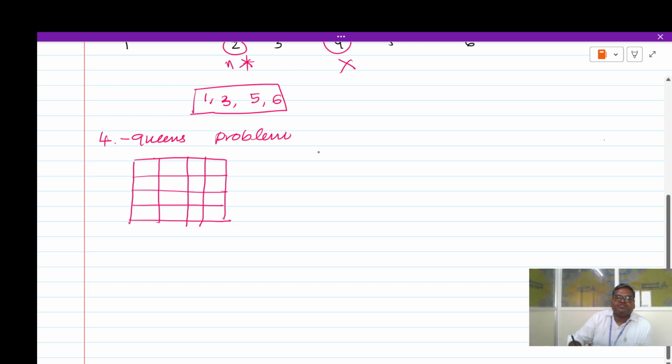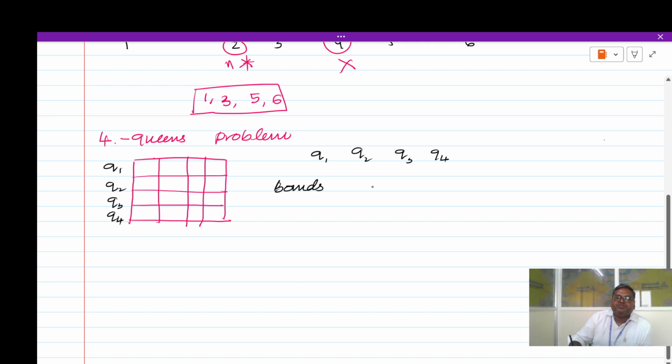I have 4 queens, Q1, Q2, Q3, and Q4. In row 1, I'll be placing Q1, here I'll place Q2, here I'll place Q3, and here I'll place Q4.